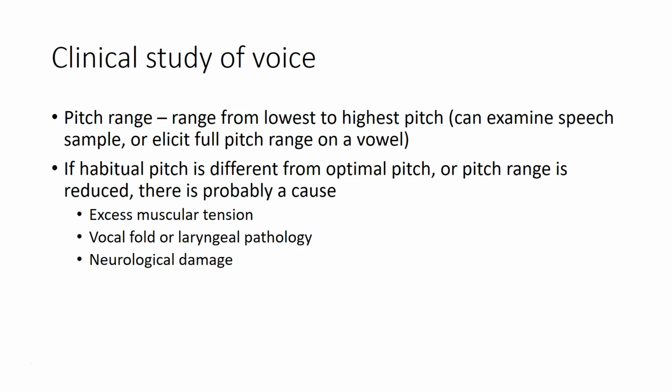And you can compare a person's performance to what the norms are. If a person's habitual pitch is different from their optimal pitch or their pitch range is reduced, there is probably a cause to that. Could be due to excess muscular tension, could be due to some problem with the vocal fold or the larynx, could be due to neurological damage affecting the muscles that control the vocal folds.